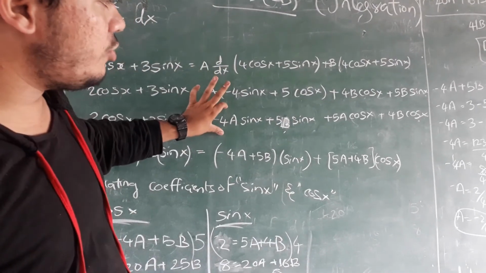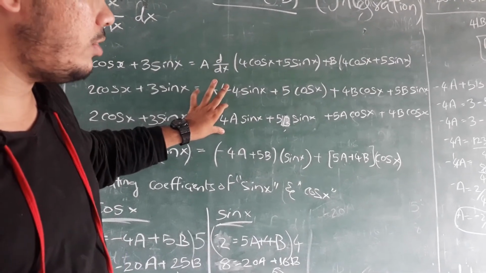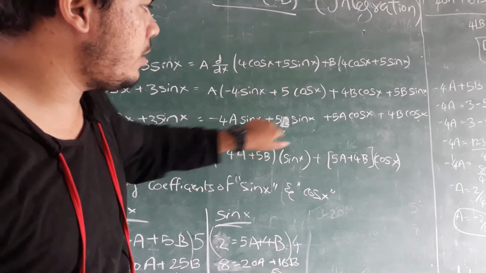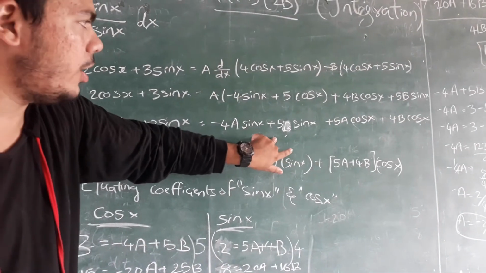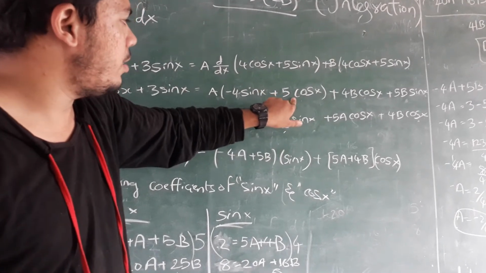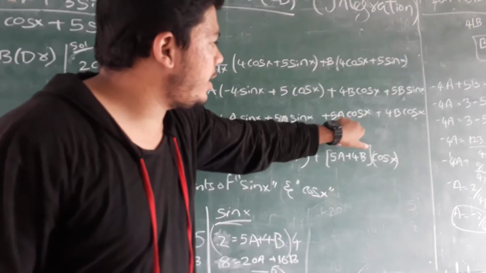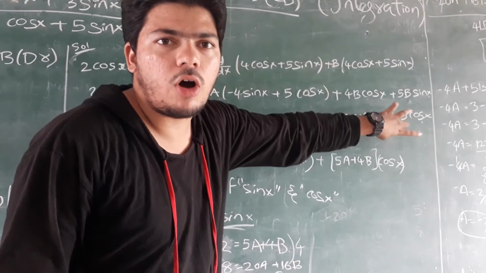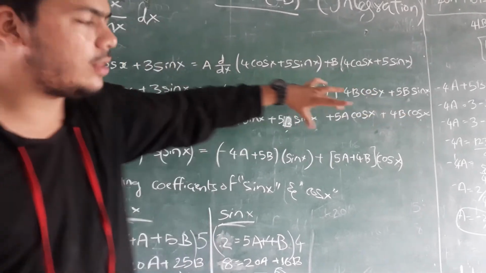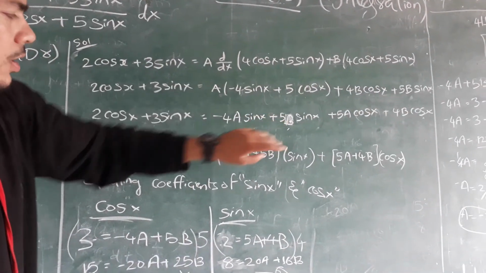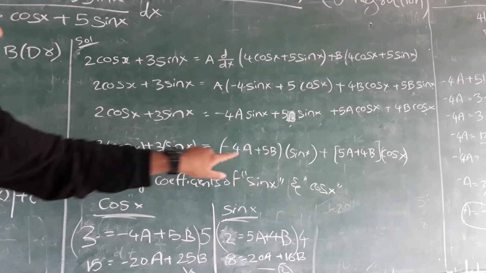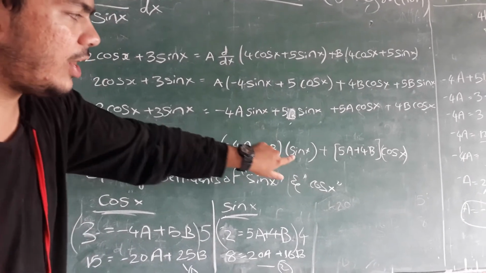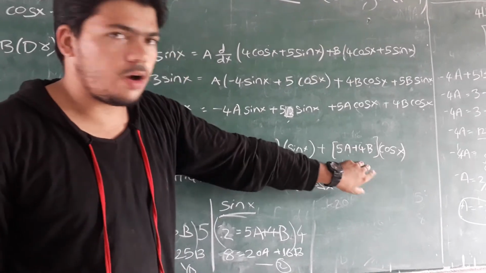Now we make the like terms the same: minus 4a sin x and 5b sin x, and in the same way 5a cos x and 4b cos x. Now we equate the terms, taking sin x common and cos x common.